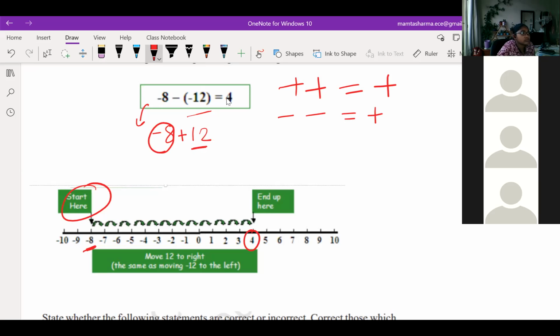That is the concept. If you skip this step, you will get confused. So first, solve the bracket: open this bracket, this minus minus would become positive, and then mark it on the number line.